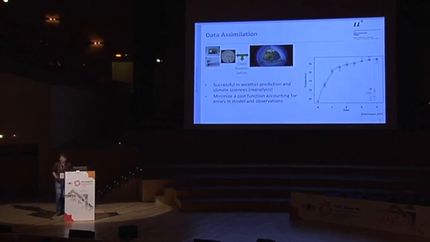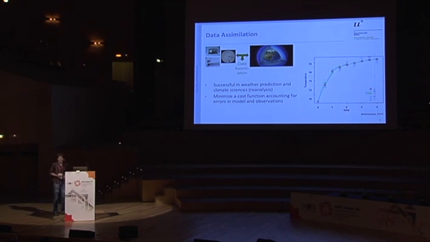And the way that is done very successfully in weather prediction and also in reanalysis is data assimilation. As was pointed out just before, you first start with an initial guess, then you run your model for maybe 6 hours, and then you have some ensemble spread, and then you have some new observations that you can assimilate, and then you have a new best guess, and then you continue with your next forecast forward in time.